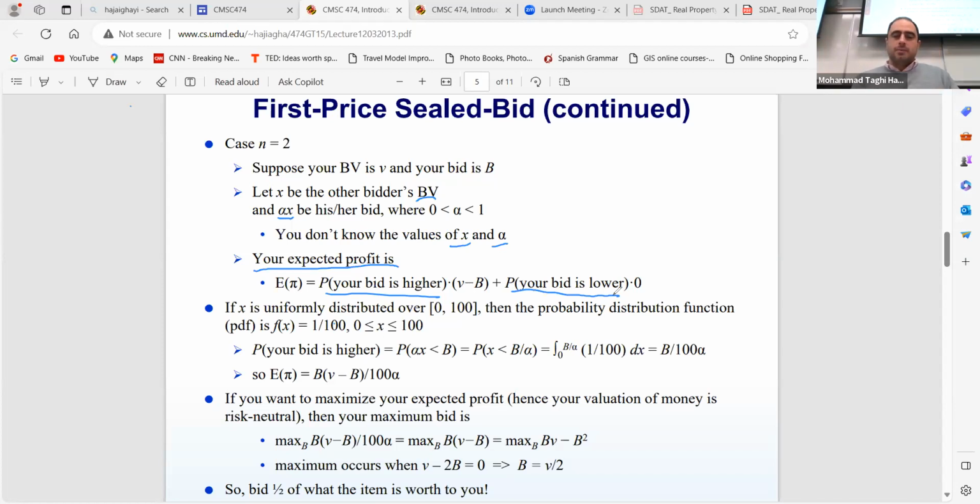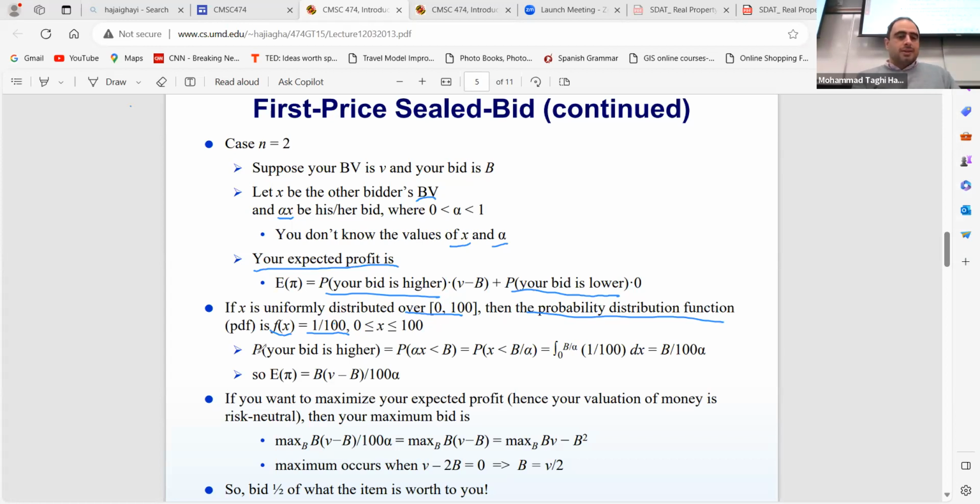Let's compute this. If X is uniformly distributed over 0 to 100, then the probability density function, the PDF, is f(x) equal to 1 over 100 for x between 0 and 100.